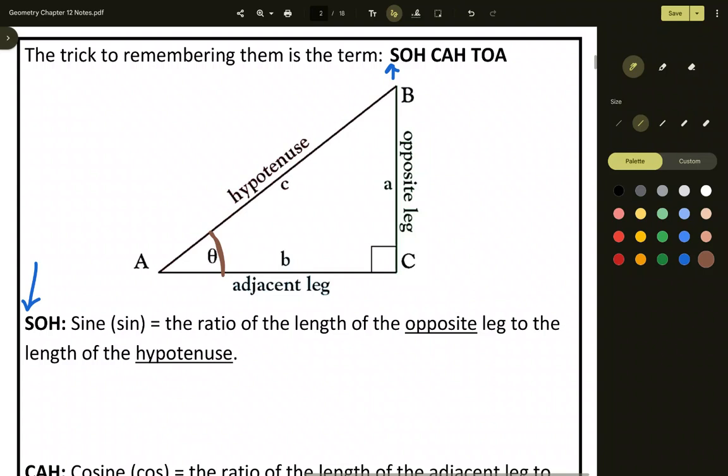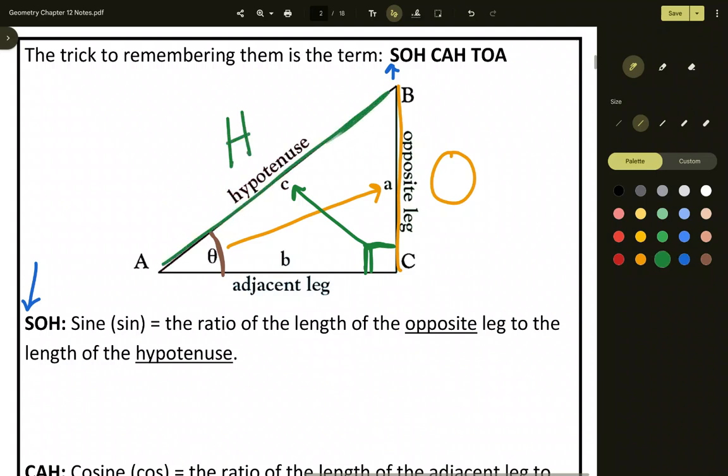Here's our given angle theta, and across from that is the opposite side. Across from the 90-degree corner is the hypotenuse. Let me highlight that.